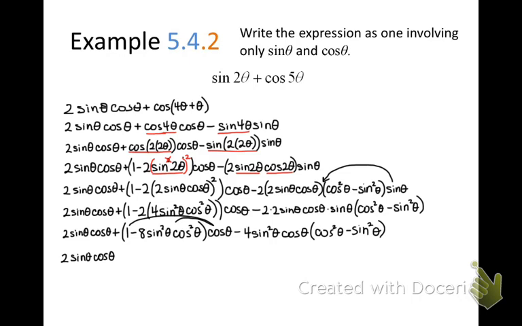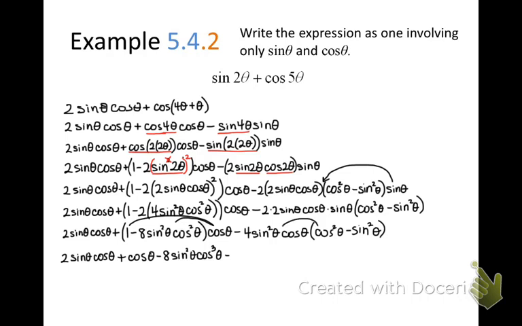So I'll have plus the cosine of theta minus 8 sine squared of theta cosine squared of theta. And actually that should be cosine cubed because I put that other cosine in, so cubed of theta, minus 4 sine of theta cosine of theta, or cosine squared of theta cosine of theta.